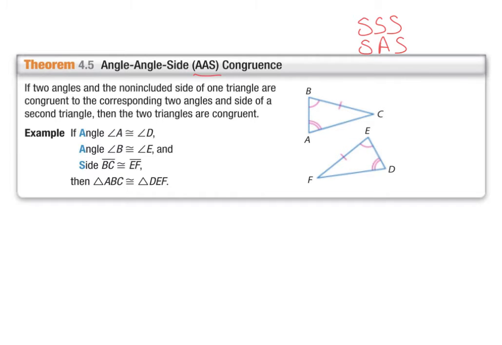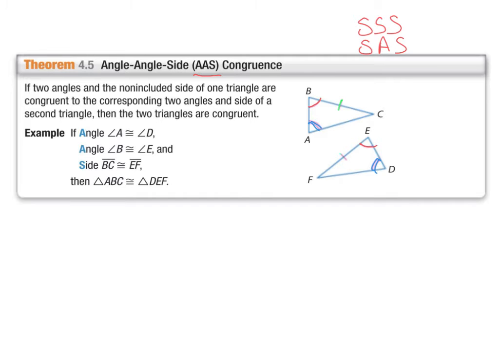Except the AAS is now three different types of information. So we do have two angles that are congruent this time. For example, angle B is congruent to angle E, and angle A is congruent to angle D. And then we have one side congruent.